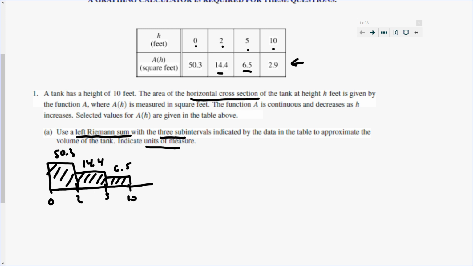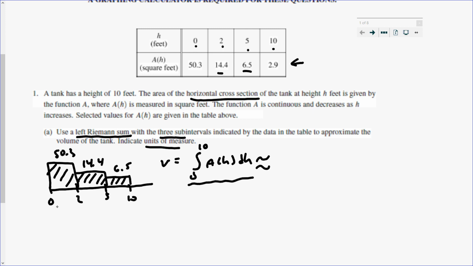So I'm going to go ahead and set this up as a Riemann sum using an integral. Between 0 and 10, we're going to say that the volume between 0 and 10 is the integral of A of h dh. Write it out this way. We're saying that the volume is the area under an interval, which we already know. Now we're using a Riemann sum, so we're actually approximating it.